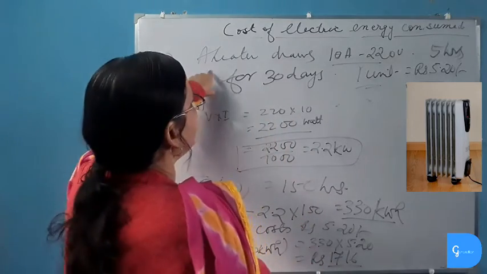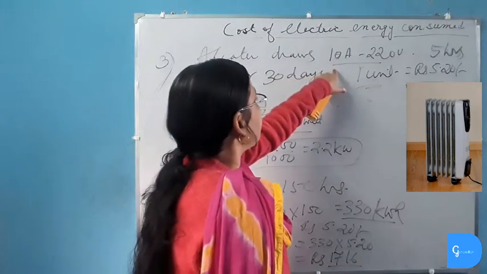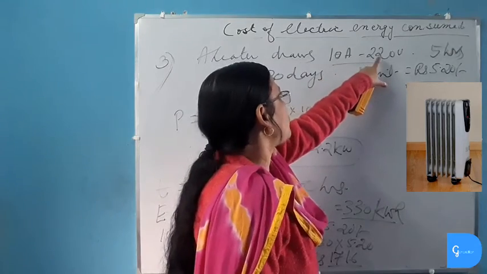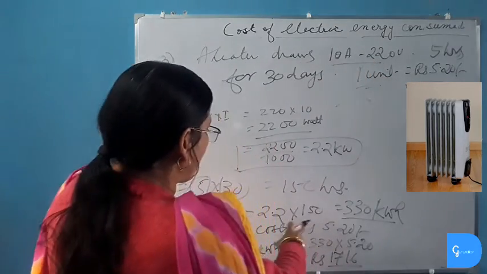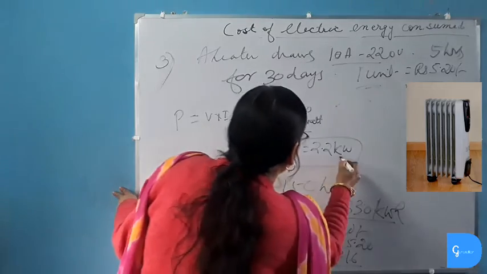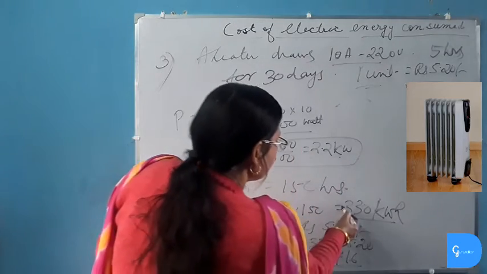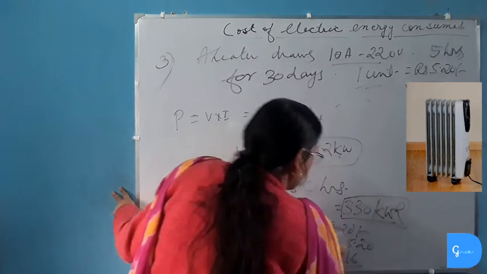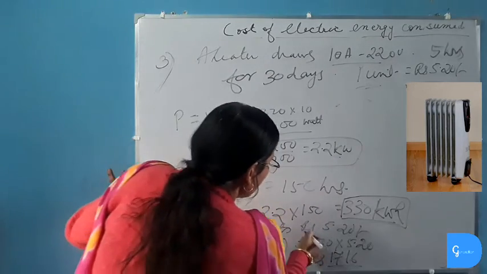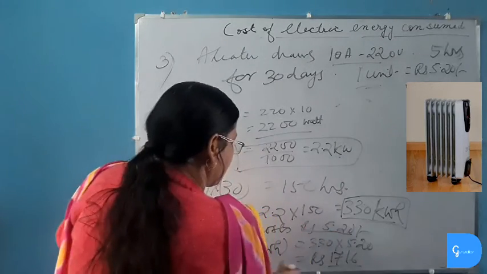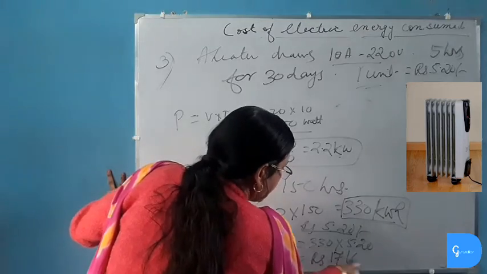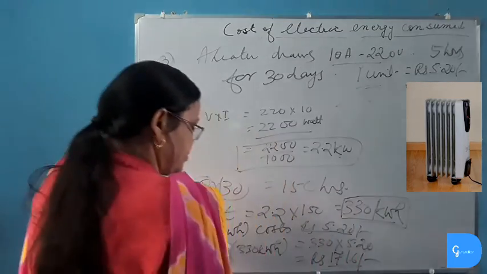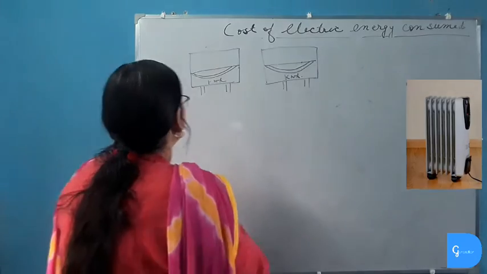So by using a heater which draws a current of 10 ampere and applied to 220 volt, will draw a power of 2.2 kilowatt and will consume energy of 330 kilowatt hour, and the cost of 1 unit is rupees 5 and 20 paisa, then it will cost 1716 rupees.